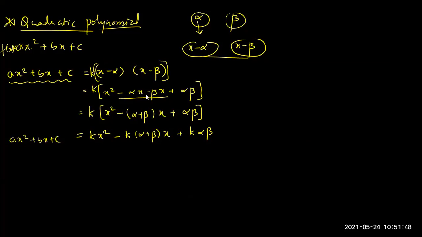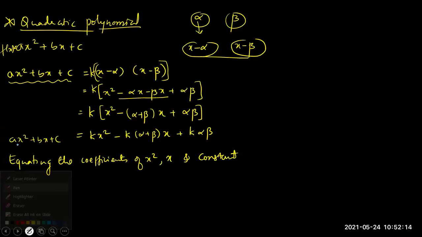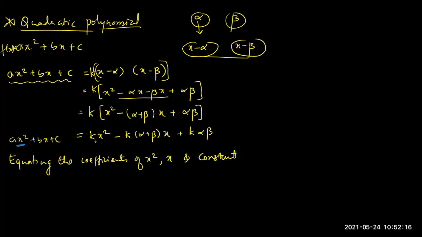A. So coefficient of x square is a here, and here it is k, so a is equal to k.